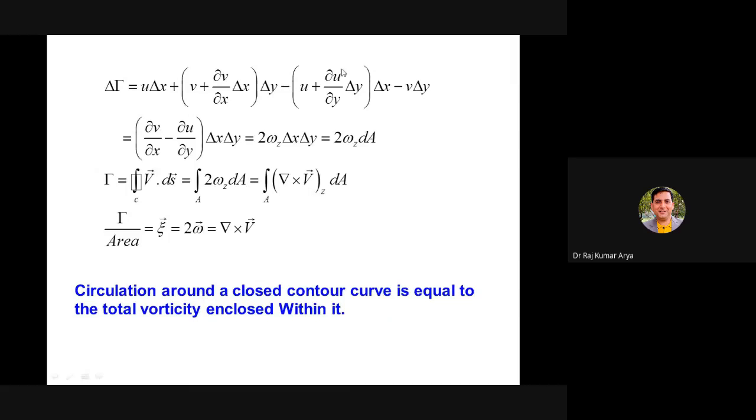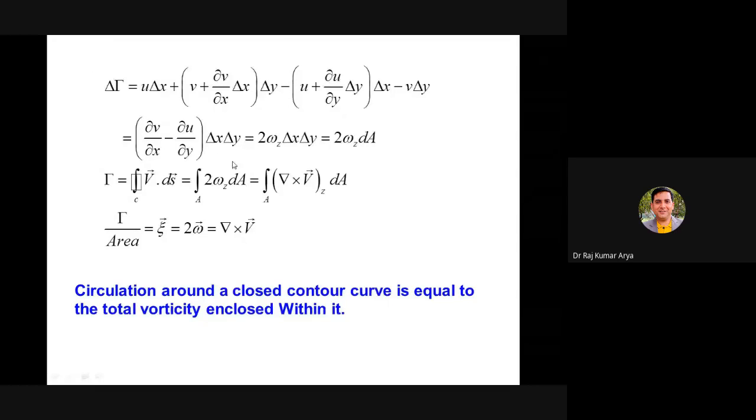If you simplify it, you can also do it in your notebook. You just get del v upon del x minus del u upon del y into delta x delta y. And this term, as we already talked about angular velocity, is actually the angular velocity in the xy plane, and its direction will go into the z direction.